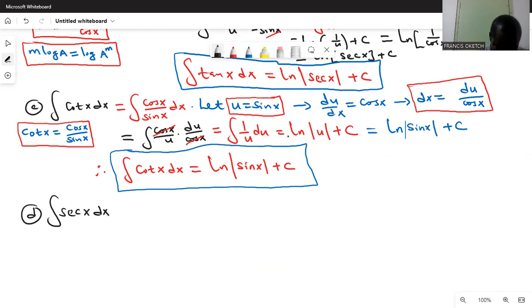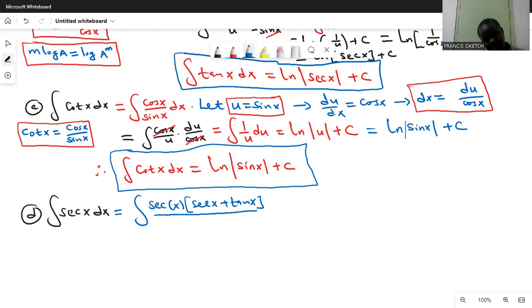Because I need to know what I should substitute as u, the first thing you need to do is rewrite the integral by multiplying both numerator and denominator by sec x plus tan x, so that we have the integral of sec x, multiplied by sec x plus tan x in the numerator.